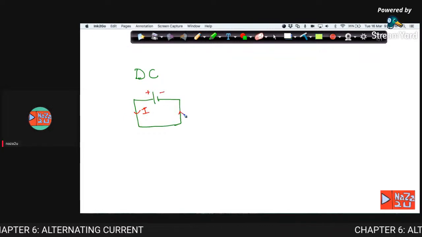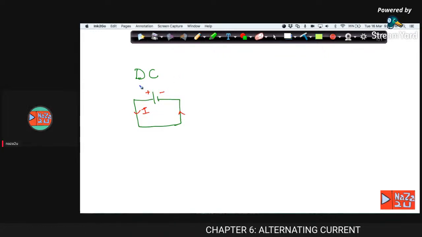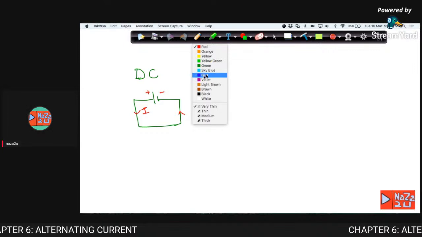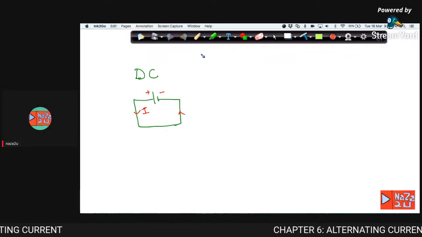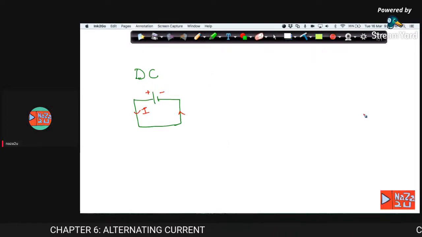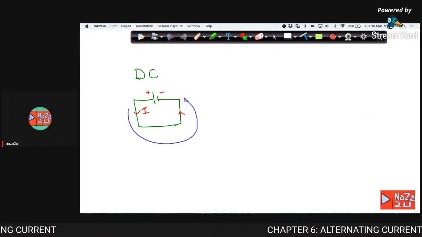So this is direction of the current flow from positive to negative, right? So this is direction of the current flow.